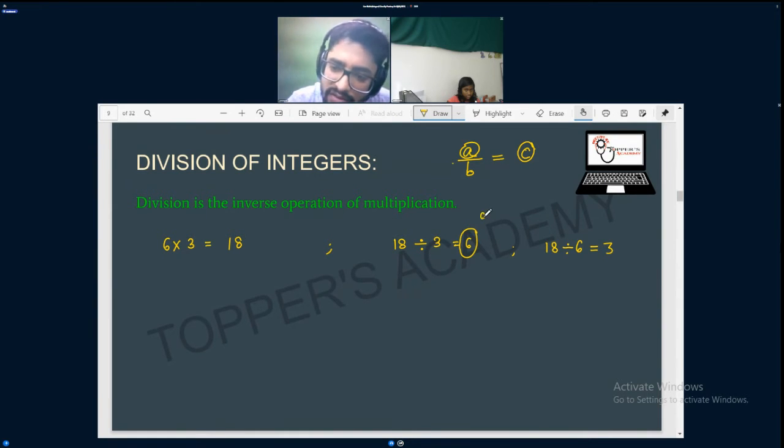This is known as the dividend. And the middle one is known as the divisor.